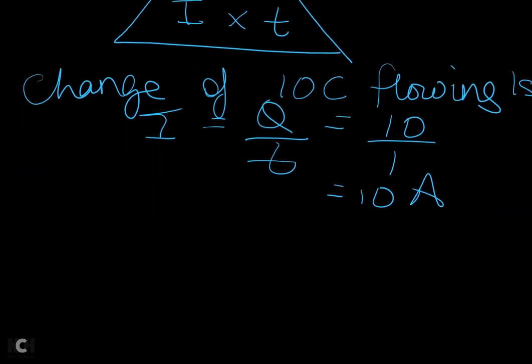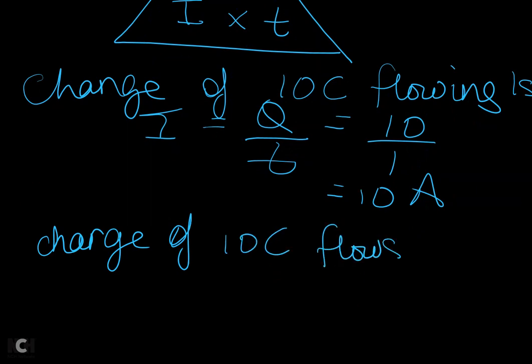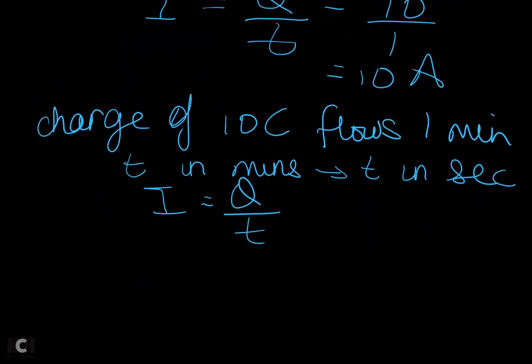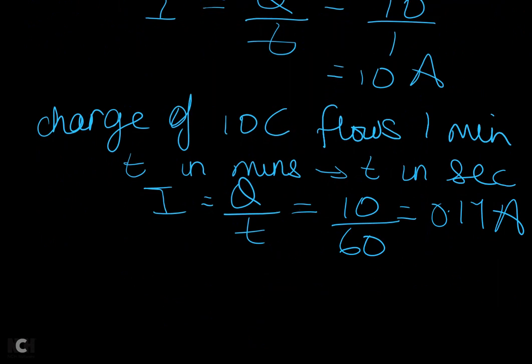What happens if I wanted to get the same current, but my charge of 10 coulombs now flows for 1 minute? Then that's different, because now I have to work out the conversion from time in minutes to time in seconds. So I is Q over T, and that's equal to 10 over 60, which works out to be 0.17 amperes.